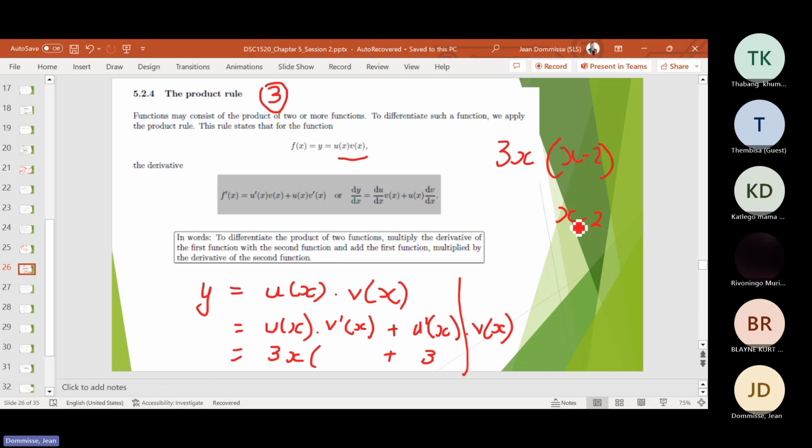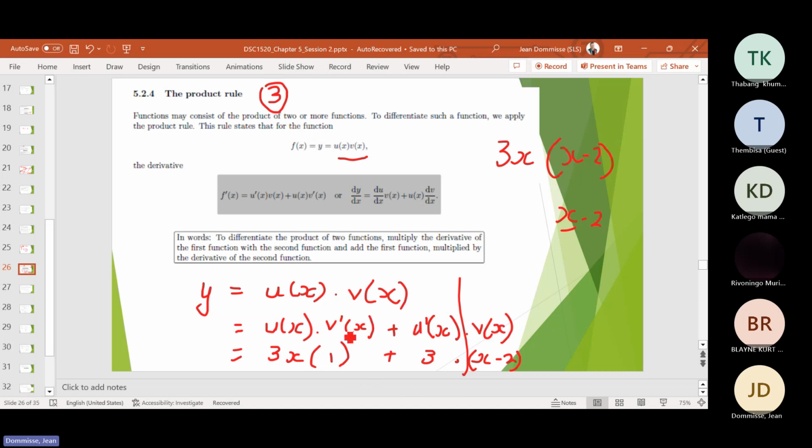If we differentiate, it only happens to the x, so x differentiated would be 1. But then here we would have said 3 times, and we would have kept the second function. So 3x plus whatever now is would have been your final answer.